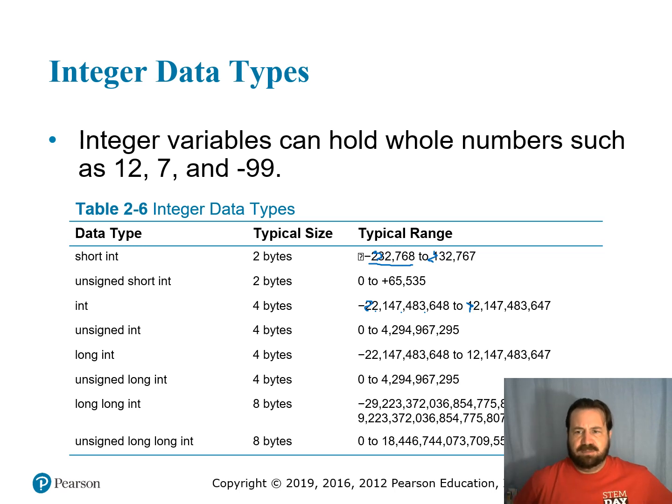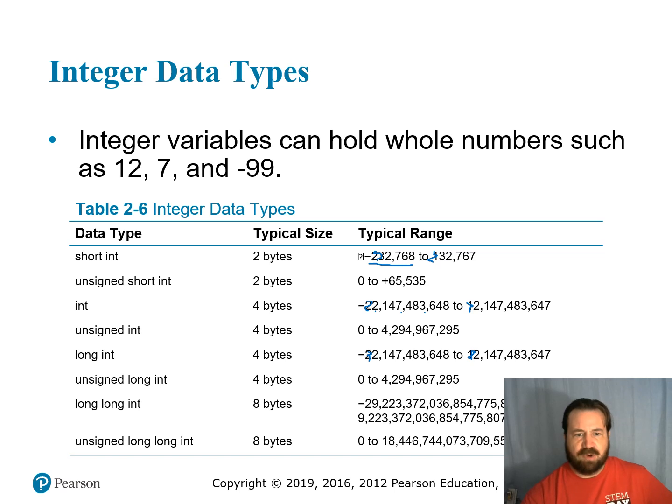So that's a pretty wide range of numbers. That's about as much as we need for everyday integer calculations. If you need twice that range and can give up the negative numbers, you can use an unsigned int.